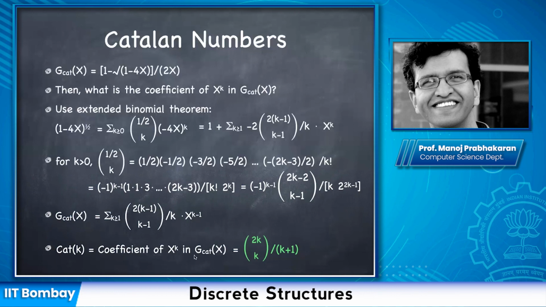So at the end of all this, we have a very nice expression for Catalan number cat k, just 2k choose k divided by k plus 1. And now you could verify this if you want by induction, by substituting this into the recurrence relation. Okay, so I'd leave that as an exercise for you.